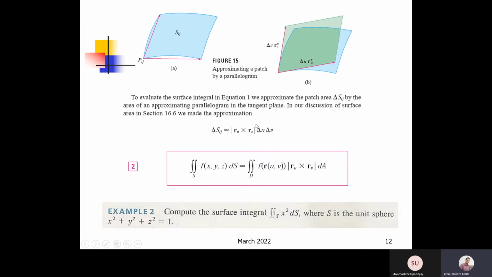And see here, the function f can be a function of all three variables x, y, z, which constitute that particular point lying on the surface. Although if you recall, in the case of the double integral, we were considering a function of two variables only.